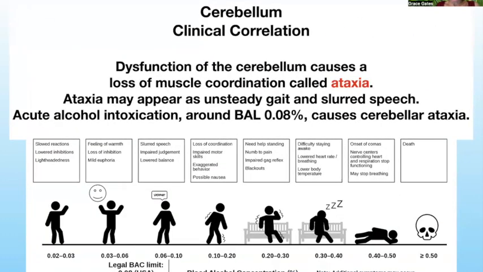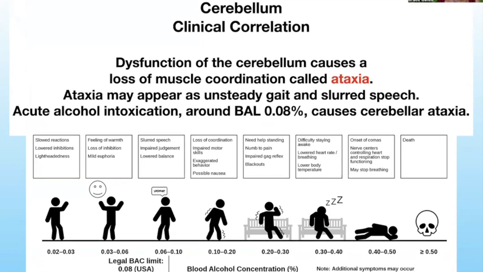Okay, clinical correlation. Dysfunction of the cerebellum causes a loss of muscle coordination called ataxia, and ataxia may appear as an unsteady gait and slurred speech. Acute alcohol intoxication, which occurs at a blood alcohol level of about 0.08%, causes cerebellar ataxia.